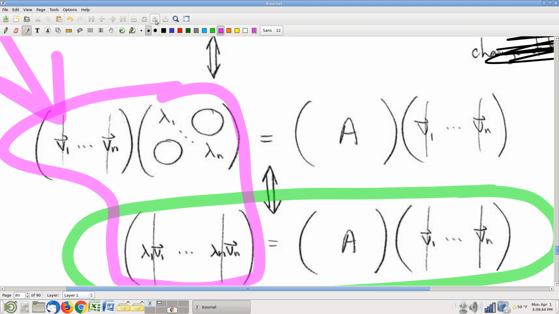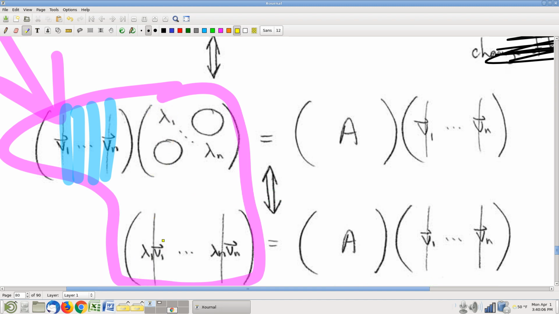If I take a linear combination of these columns here, where I use these numbers as my coefficients, well, those coefficients are mostly 0. I'm really just multiplying lambda 1 times V1, like that. Likewise for the other columns.